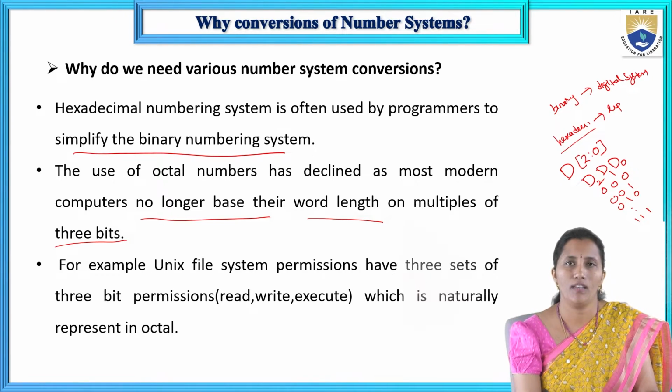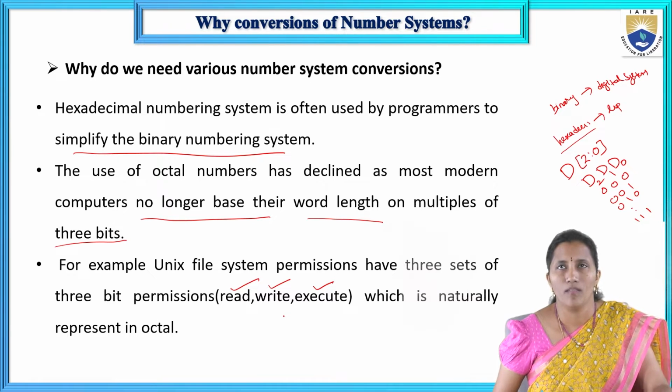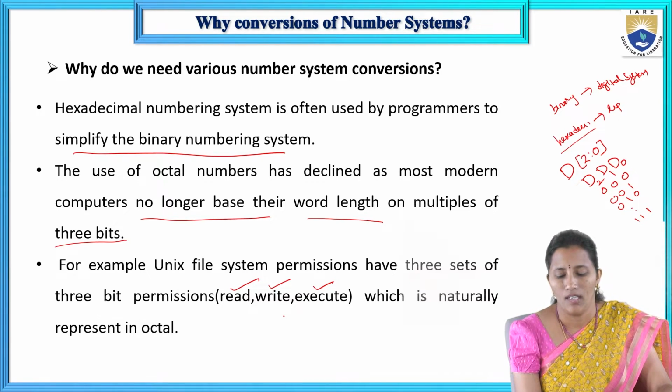For example, in Unix file system permissions, we represent the data in terms of 3 bits: 1 bit for read, 1 bit for write, and 1 bit for execute. To represent this set of 3-bit permissions, we go for octal representation. In daily life, most human beings use the decimal number system.